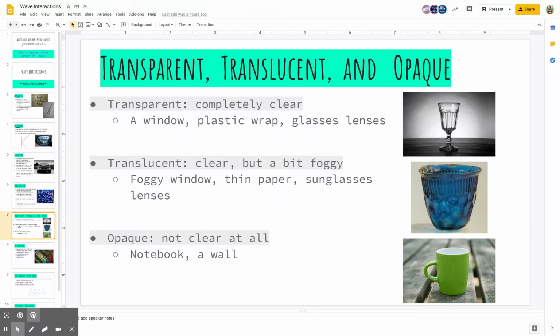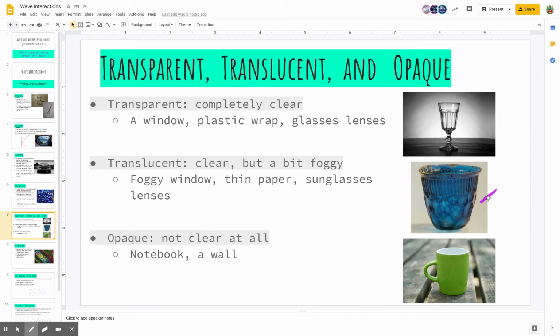Now when we talk about things being transmitted, we talk about it in 3 different levels. If everything is transmitted through that material, if it's completely clear, if we can see everything through it like we can a window or glasses, then it is called transparent. That means it's completely clear. Translucent is a little bit foggy, or like we think about that stained glass window we just saw, we call it translucent.